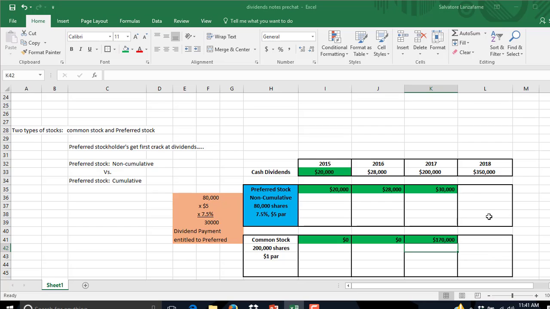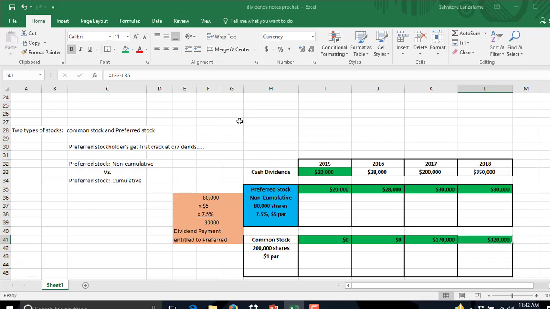And then in 2018, again, preferred will get their 30,000 and common will get the leftover. And that's a big leftover. So 350 minus the 30, and look how much common is getting in 2018.